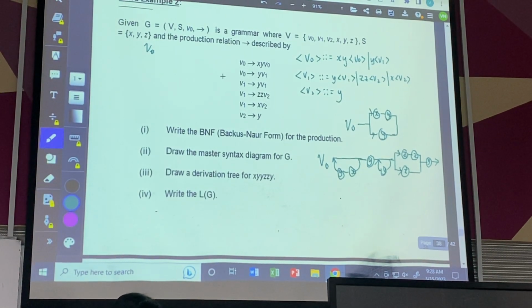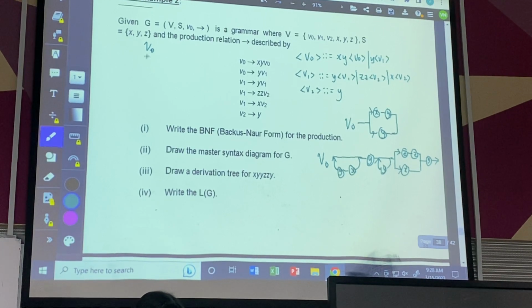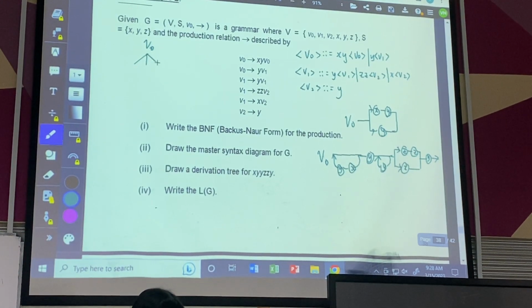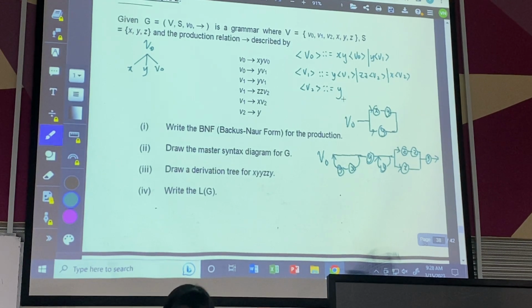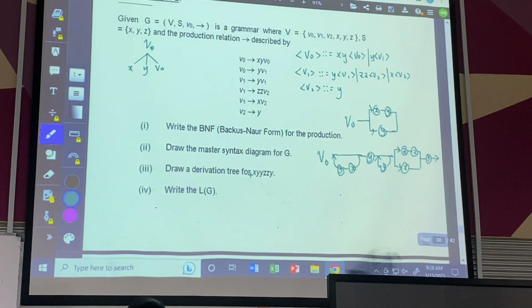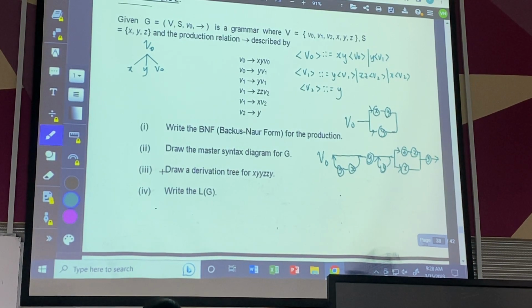Okay, so we draw. Draw the two different lines for the x and y. Don't combine it together. So you have x, y, v0 now. And after the y, we have another y in the string given.